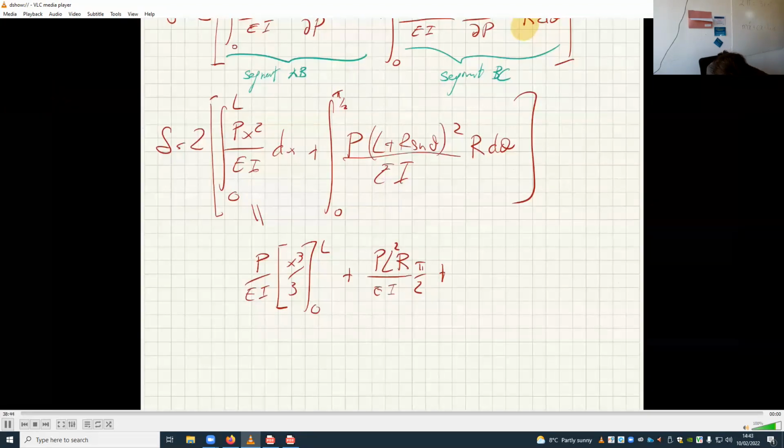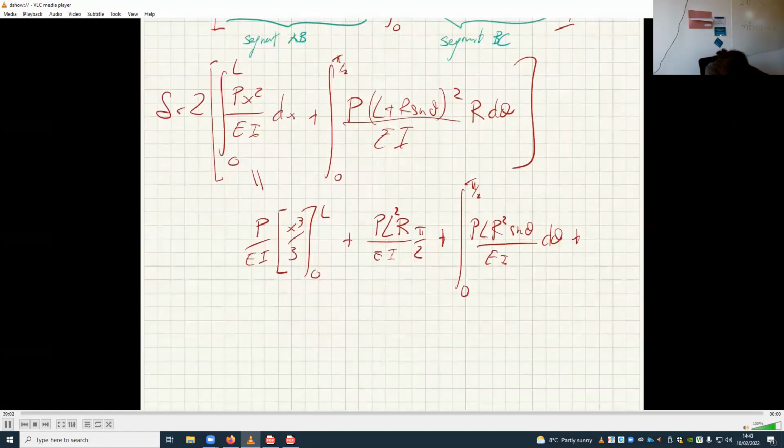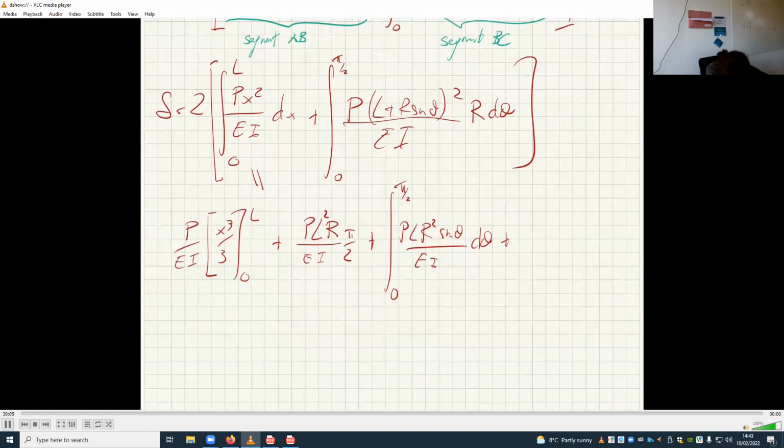And then you get the integral of PL R squared sine theta over EI d theta between 0 and pi divided by 2, plus the integral between 0 and pi divided by 2 of sine squared. So this is P r squared sine squared, so it's P r squared sine theta squared divided by EI.